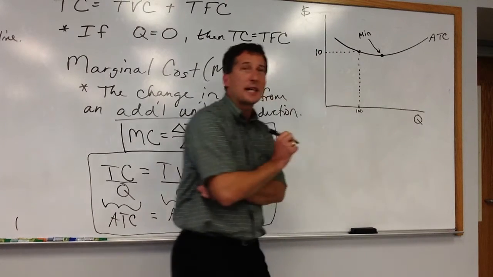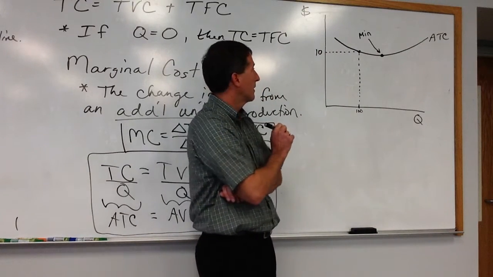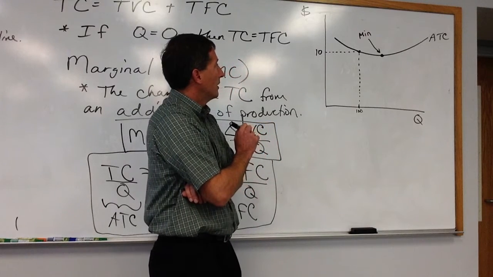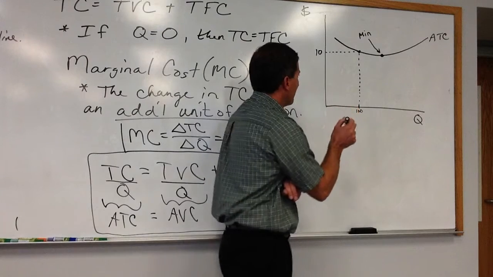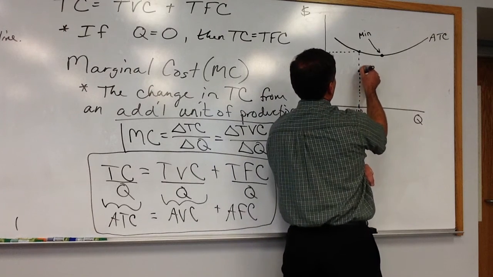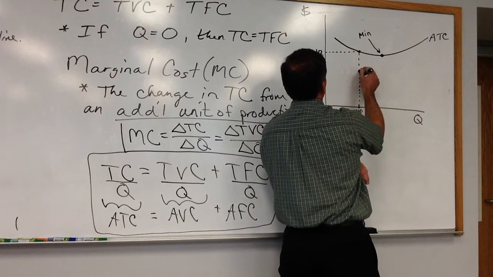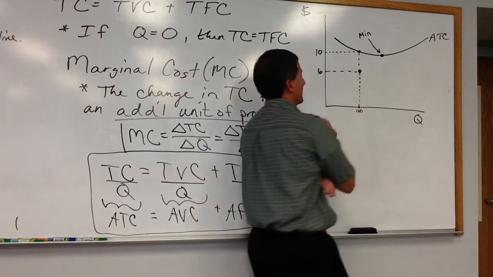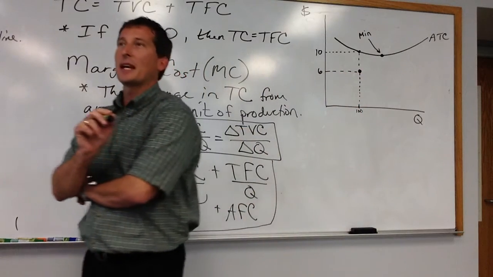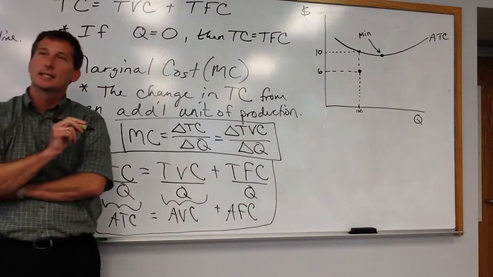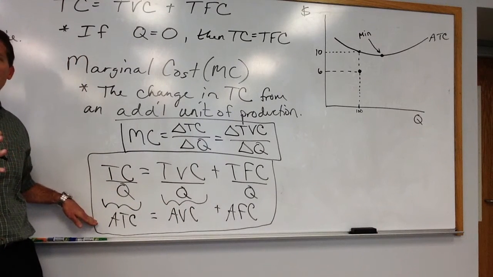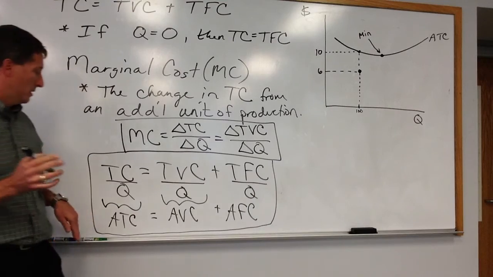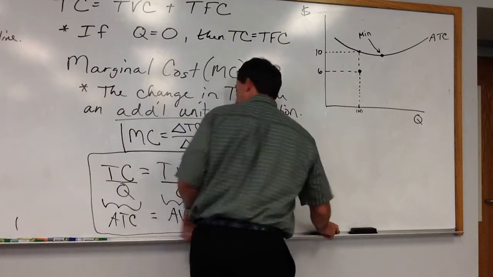If it's 10, it's $10 per unit. All right, if I learned that the average variable cost was $6, how much is the average fixed? 4, because the sum of the two has to equal the average total.